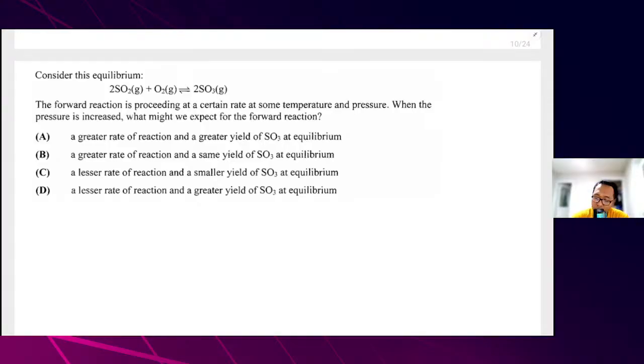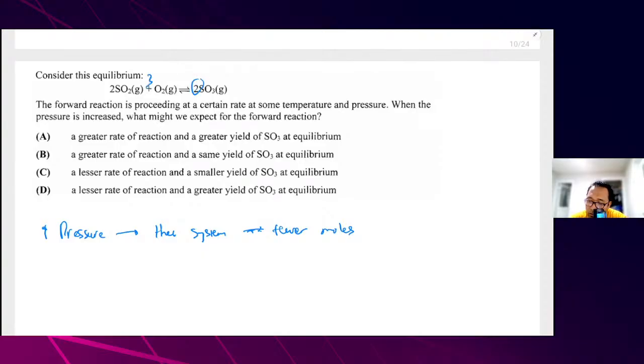Here this side is 2 and this is 3. So which one is fewer? The product. So increasing pressure favors the right side, which forms more SO3.